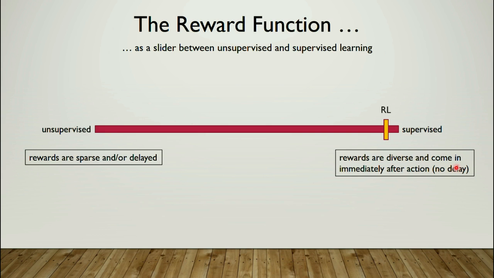So I have no delays, and it's not sparse anymore. And then the whole thing becomes a supervised learning problem, kind of similar to neural network inputs paired with labels. So the labels would be the rewards, and the inputs would be my state action pairs.